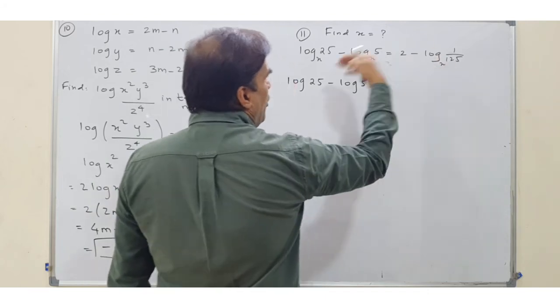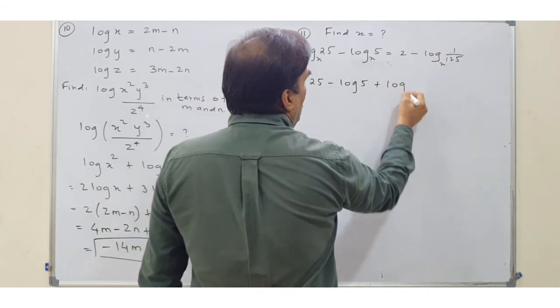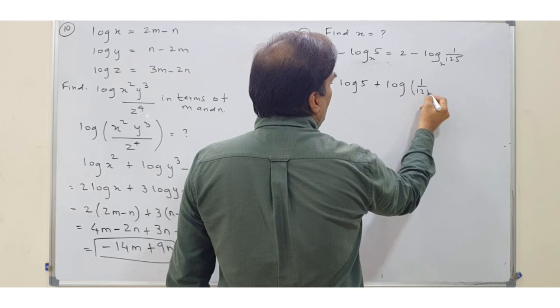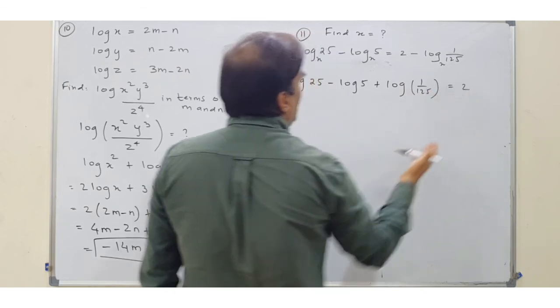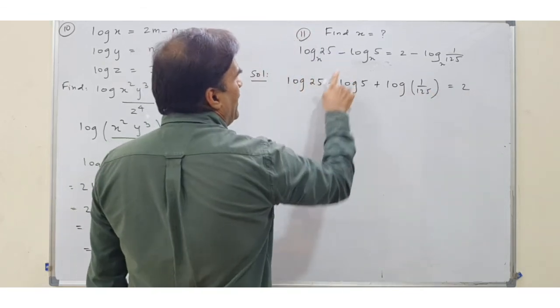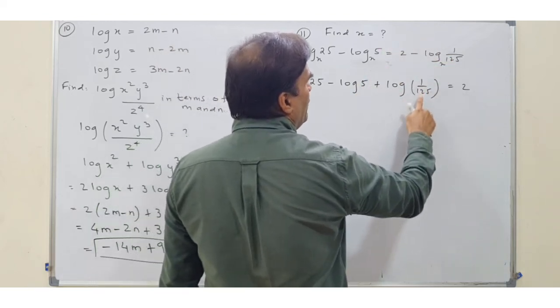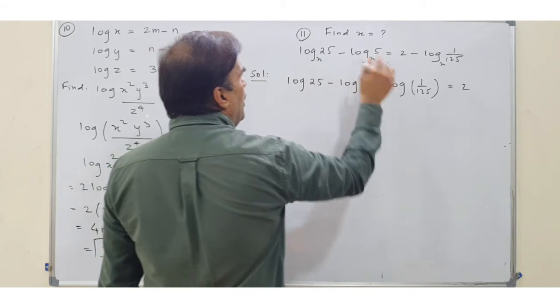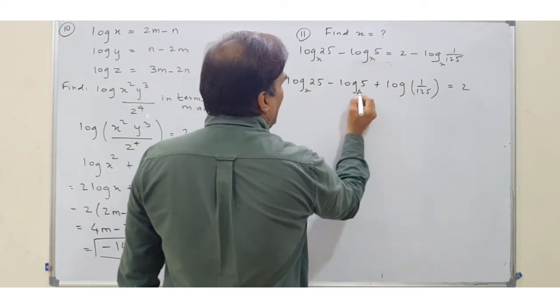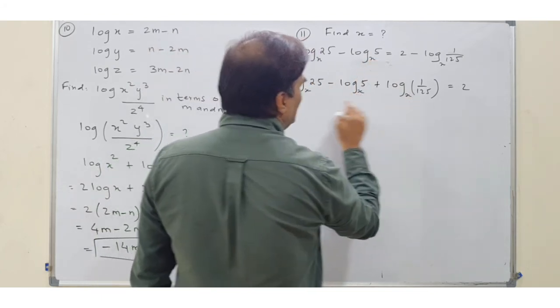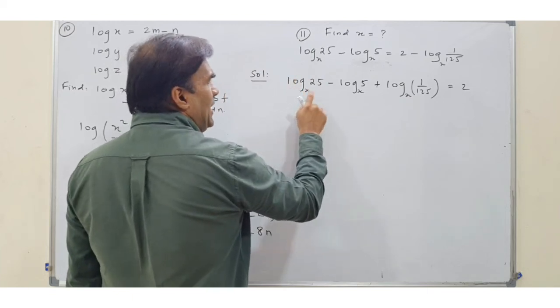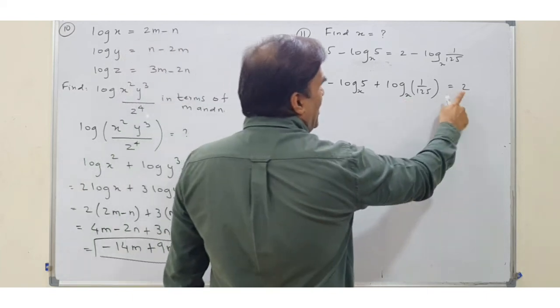This minus can be brought on this side, so all logs are assembled on one side. Log 25 minus log 5, and I am bringing this on this side, so plus log of 1 upon 125. They all have a common base. Base is x, base is x, base is x. Since the base is not 10, it's mandatory to write what the base is. Equals to 2.